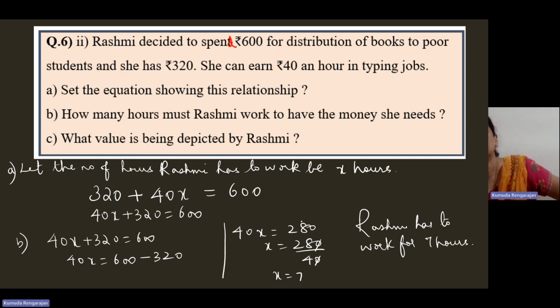What did you mention? Independent, kind. Okay. I'll just write it here. Values depicted.